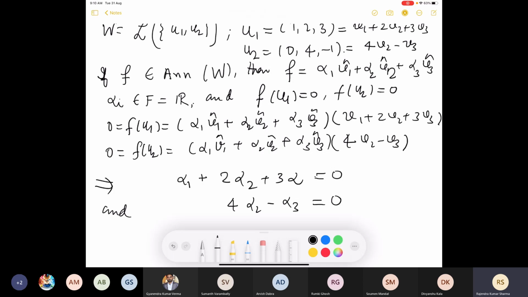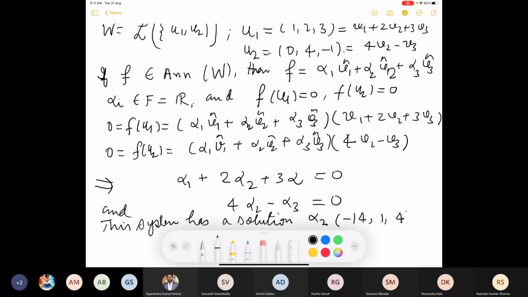So this system has a solution of the form alpha 2 times (-14, 1, 4), and this is in F cubed.